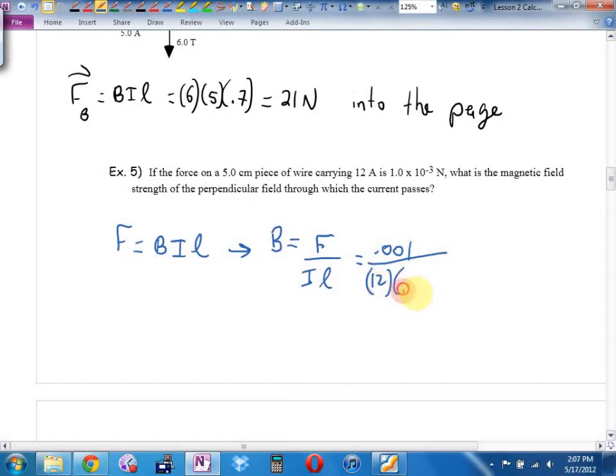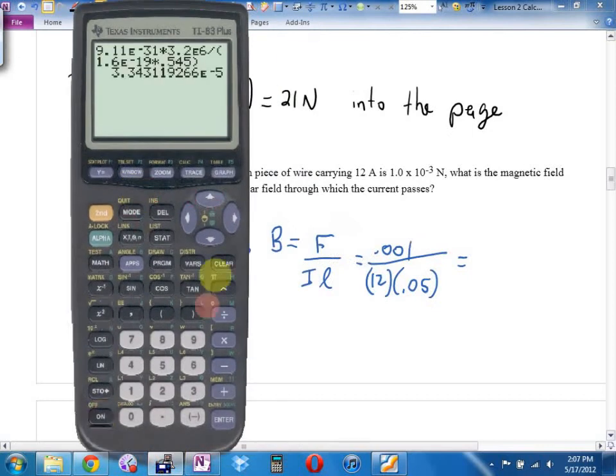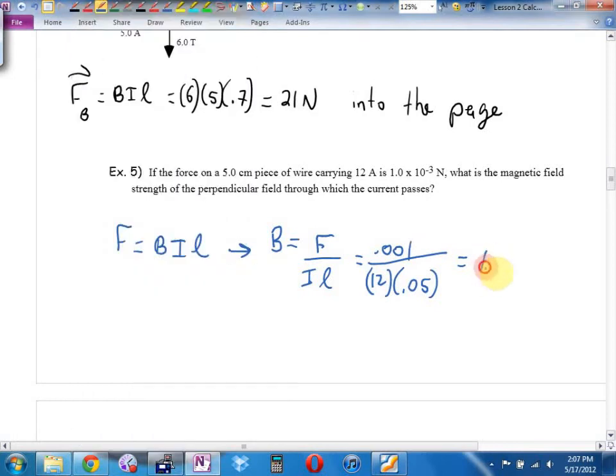Length, 0.05. You get 1.67 times 10 to the negative 3 Teslas.